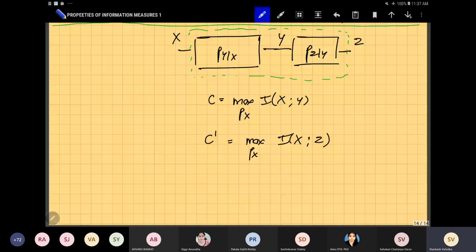So can C prime be greater than C? Can I choose a Pz given Y so as to increase the capacity by doing this sort of post-processing?